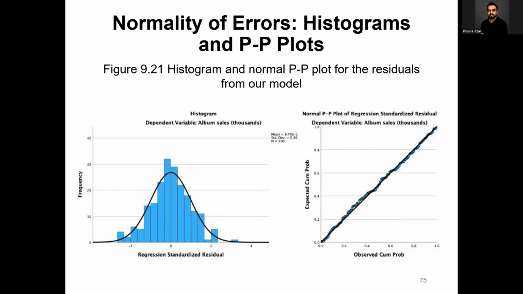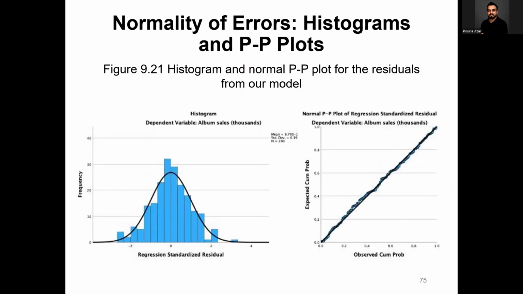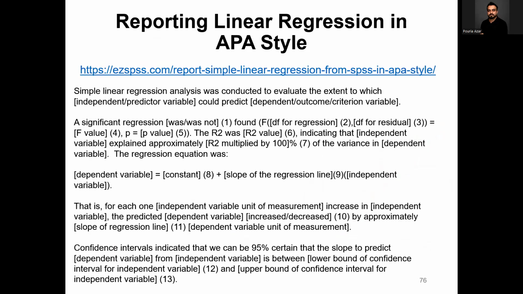I mean, not observed data points. These are not data points, but these are residuals, and these are close to the diagonal line. So I would say the normality of errors assumption is met according to these plots, these graphs.